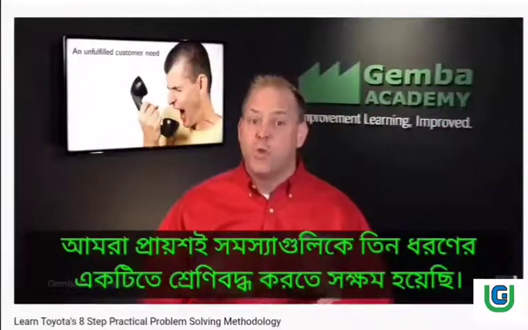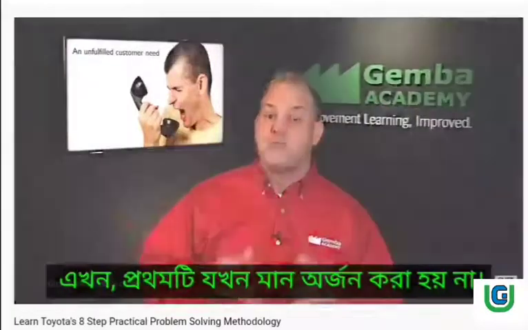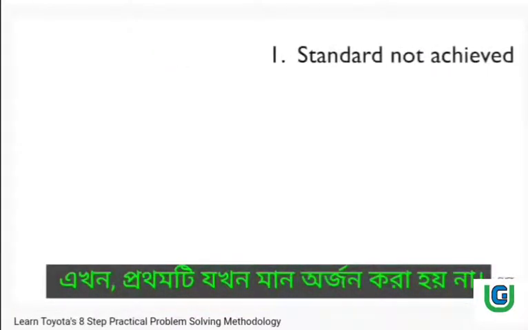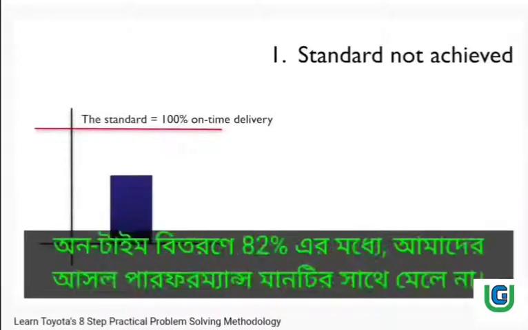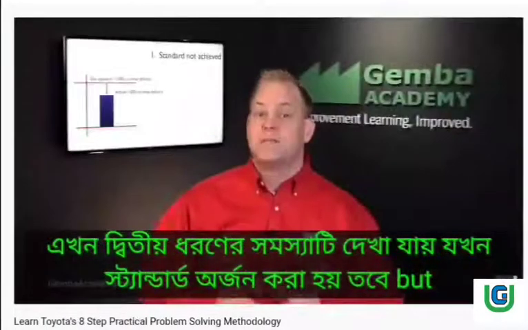Now, taking it a bit further, we're often able to classify problems into one of 3 types. The first is when the standard is not achieved. In other words, if our target is 100% on-time delivery and we experience a month of 82% on-time delivery, our actual performance doesn't meet the standard. The second type of problem occurs when the standard is achieved, but a higher standard is now required.